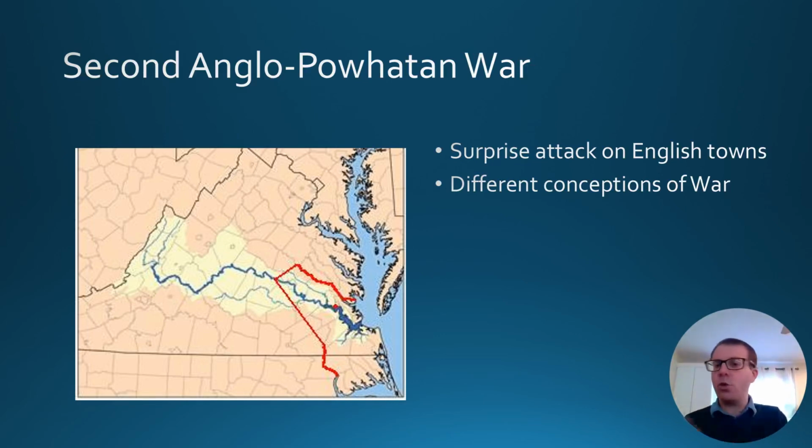They will engage in quote unquote barbarous actions against us. And the English conclude from this that they have to engage in a mass conflict against the Powhatan Confederacy. And so two very different conclusions come from this mass surprise attack, which leads to actually a 10-year brutal conflict between the Powhatan Confederacy and the English.